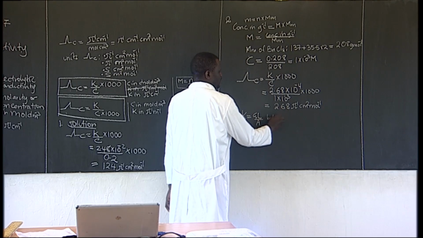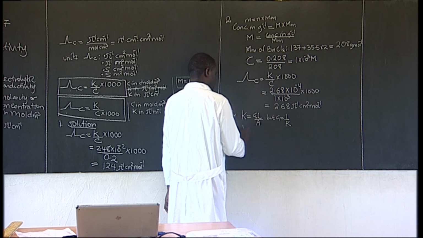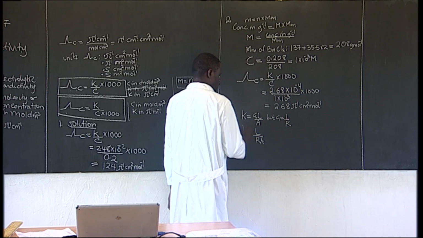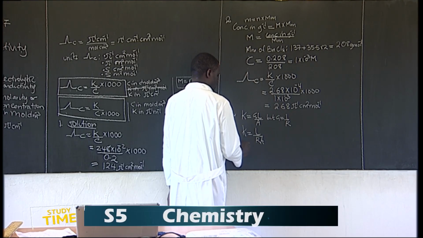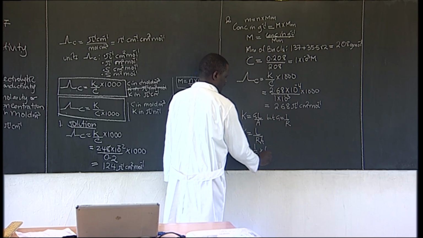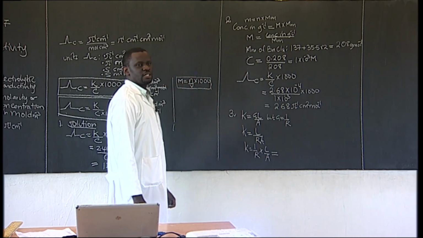But G, which is conductance, is equal to 1 over R. So our conductivity will equal 1 over R times L over A. So we are going to look for K. But remember they have given us the cell constant. So our K will equal 1 over R times L over A, which will equal, now let's substitute.